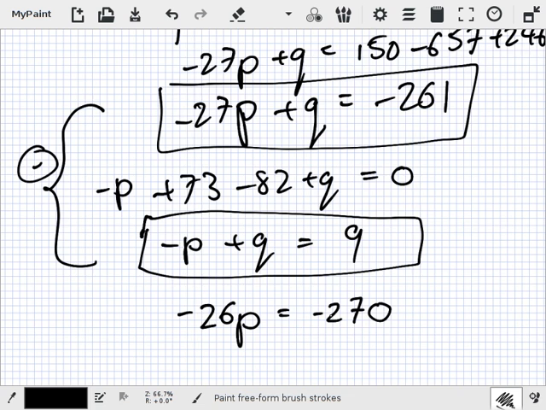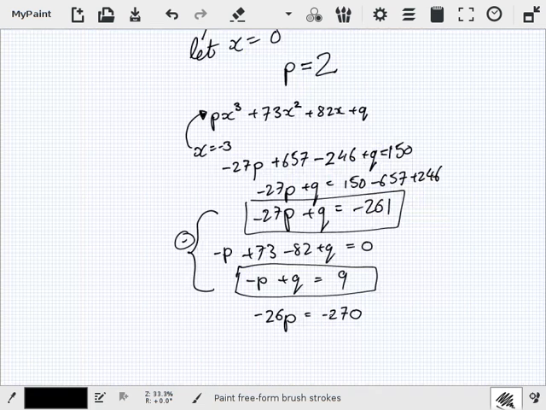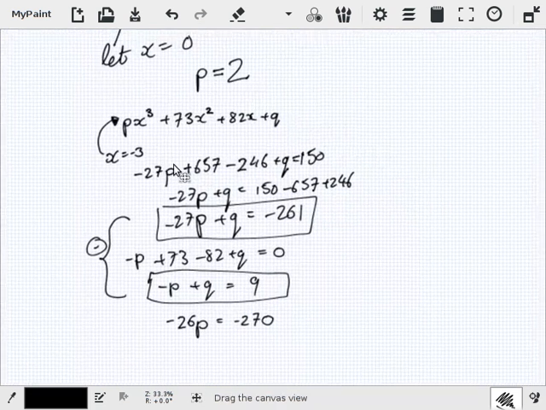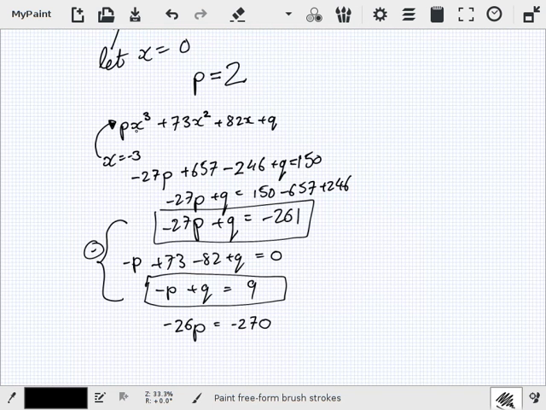Oh no. Maybe it's a sign problem again. Px cubed, did I write the question down right? 73x squared, 82x plus q. Is that right? That looks right. And that's supposed to equal 150.